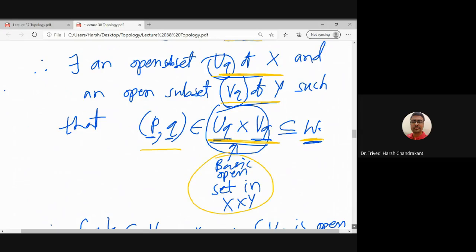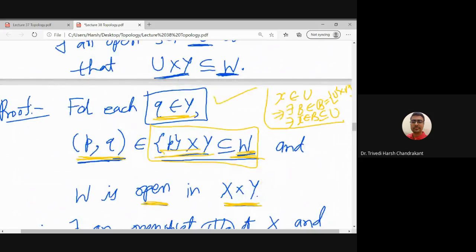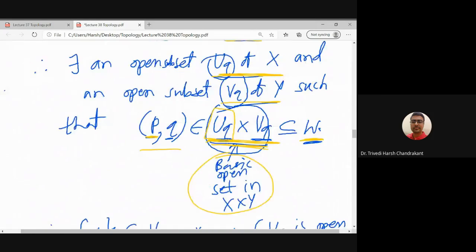Here I could have denoted Uq by Up also because it contains p, but I have not done that because the choice of Uq and Vq is coming from this particular point q which we have fixed. If I change q one by one, I will get a pair U, V one by one, depending on which q I am taking. So I am denoting U and V by Uq and Vq corresponding to whatever q is given.